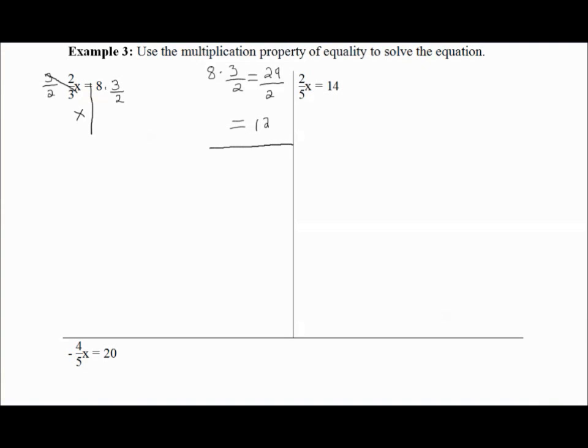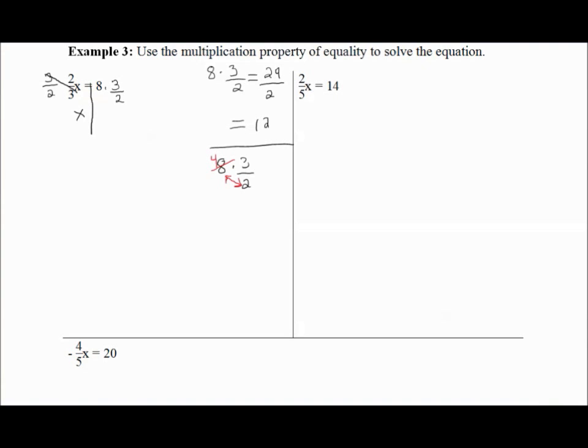Now the way I like to do it is actually the same way. The only difference is I reduce before I get started. I look at the whole number and the denominator, and I see if I can reduce before I get started. Well, I know that 2 will go into 8 4 times. So this becomes 4.